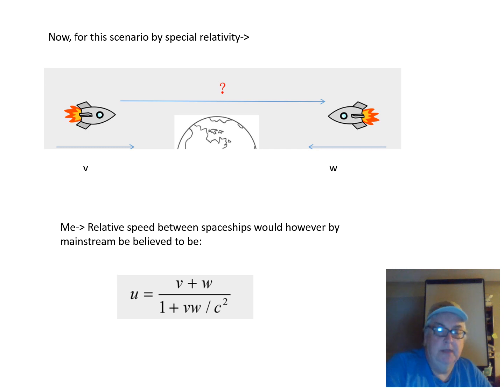Now what would the setup be according to special relativity? It would still have the spaceship on the left going with speed v and the spaceship on the right with speed w, but now it would add those speeds by this equation shown below. A different equation to that shown previously, which was the Newtonian equation for adding speeds.